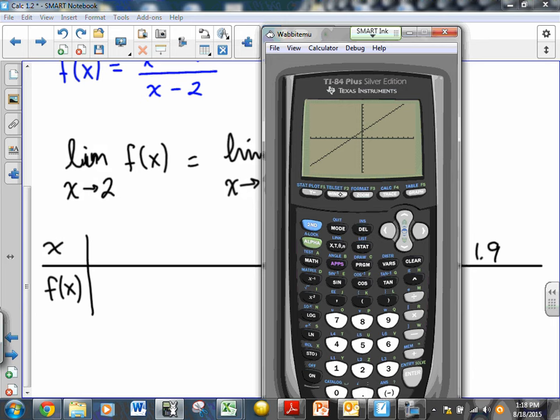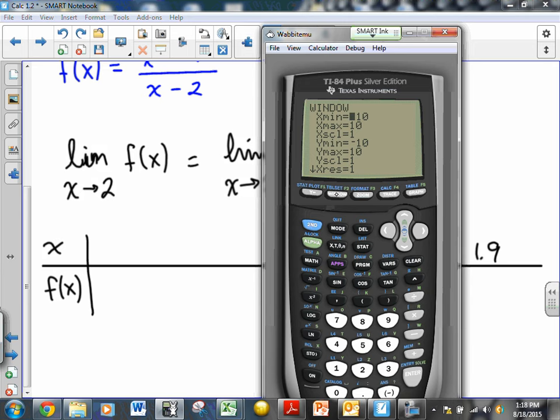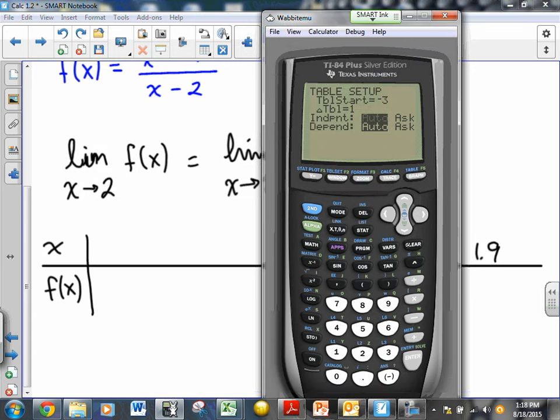I'm going to go back here to table set, second window. Instead of having it be automatic here, I'm going to ask for the independent variable.